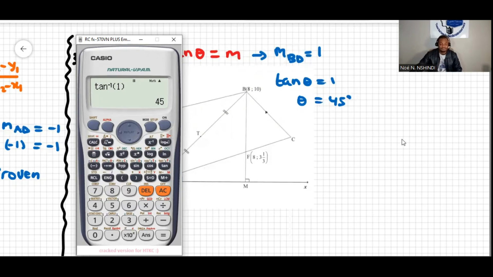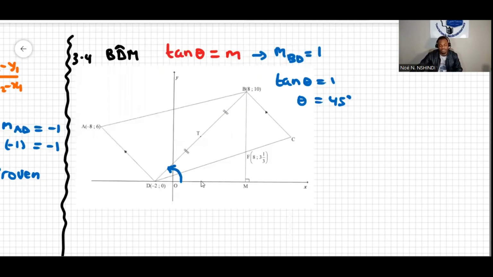Or otherwise, we can also check. We can also find the angle using the triangle over here. Let me draw a triangle. We have another triangle formed by BDM, and it is a right-angled triangle with 90 degrees here. Now, we have the angle theta here.